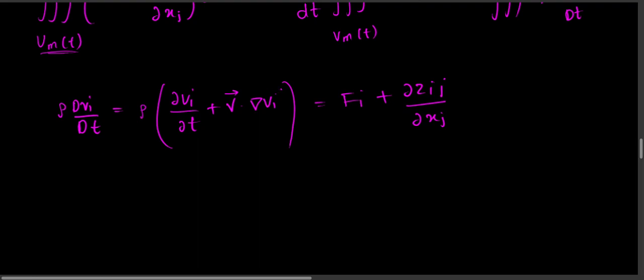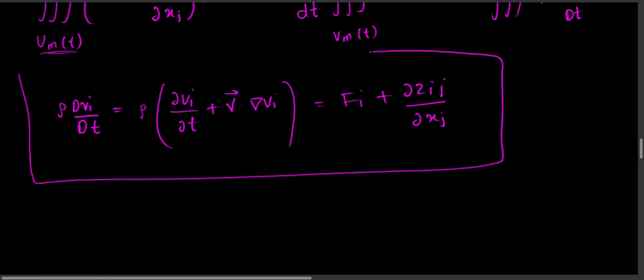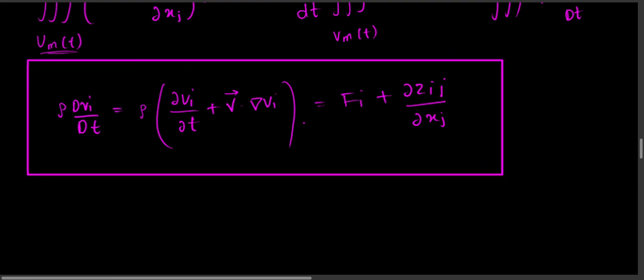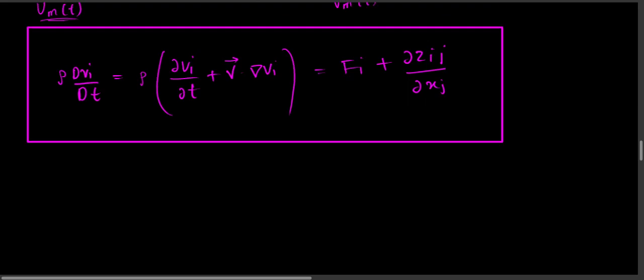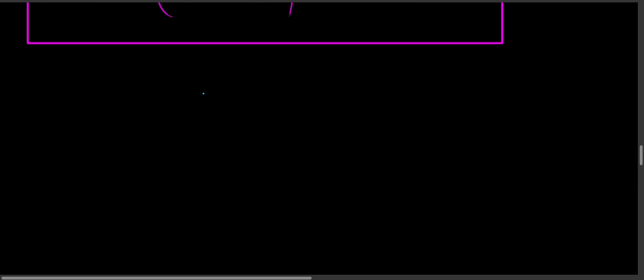And this in fact is the Euler's equation, which is well known in hydrodynamics, but this is the tensorial form, and sometimes tensors can get a little scary, so we'll write it down in the vectorial form as well. The vectorial form would be represented as rho d v by dt equals rho times ∂v by ∂t plus v dot gradient of the velocity vector. Now as you can see, I've used this arrow, which denotes that v is a vector, right?